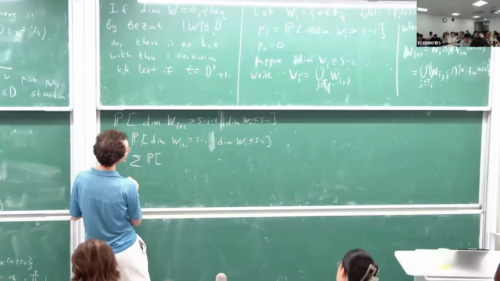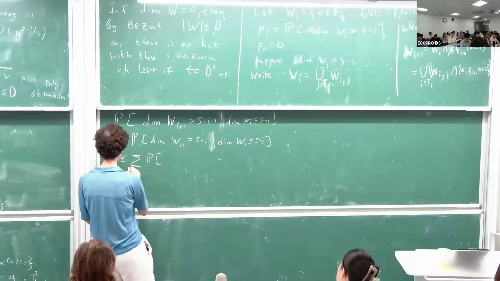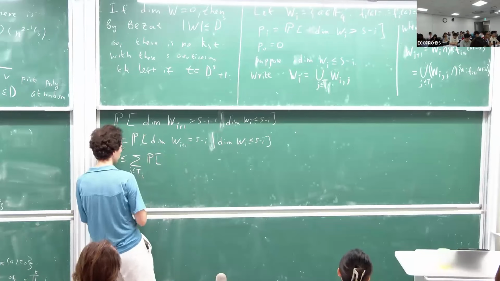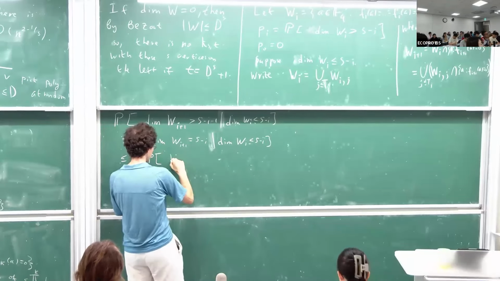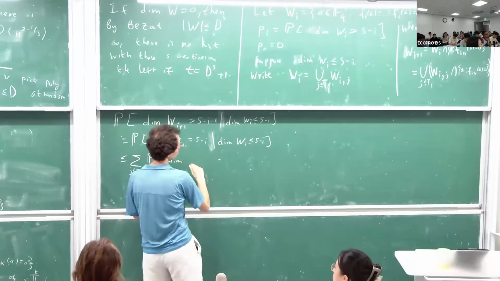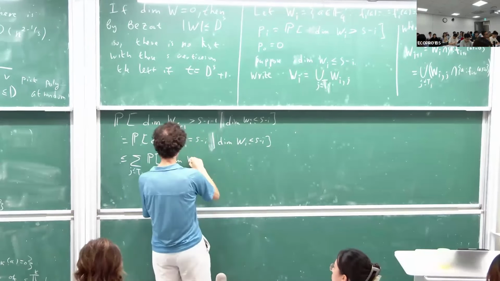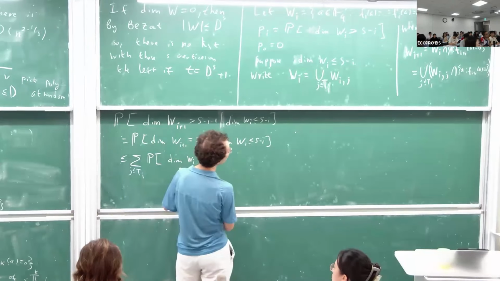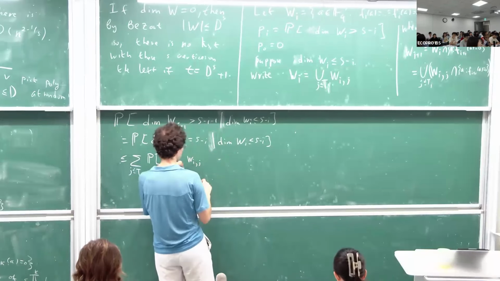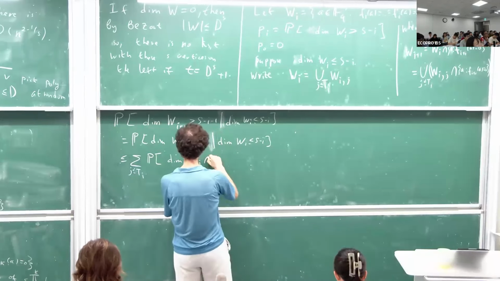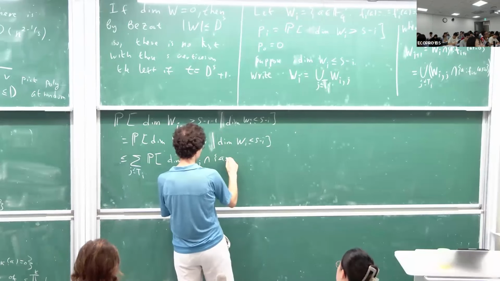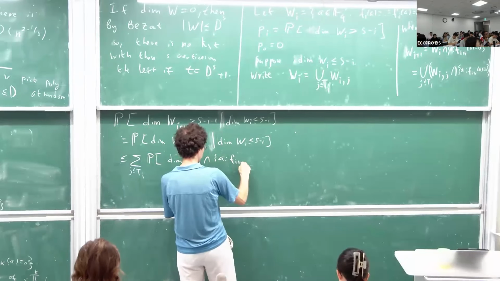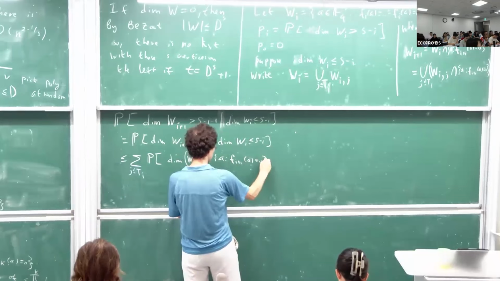It's at most the sum over j at most T_i of the probability that the dimension of one of those pieces W_{ij} intersect the zero set of f_{i+1} does not drop.